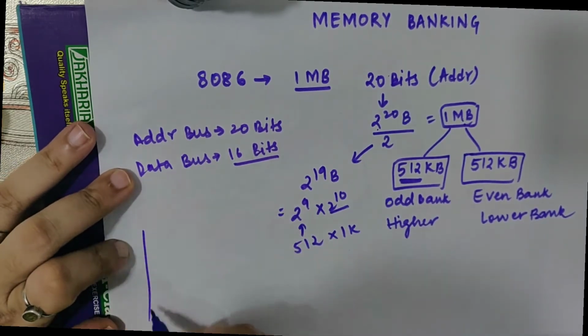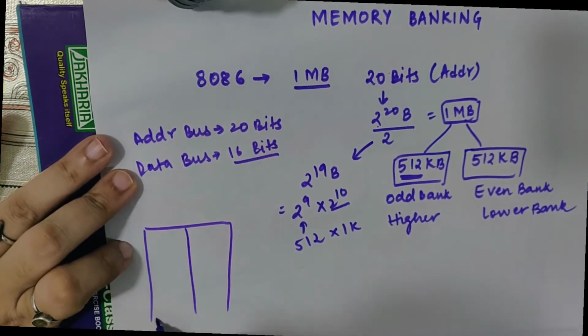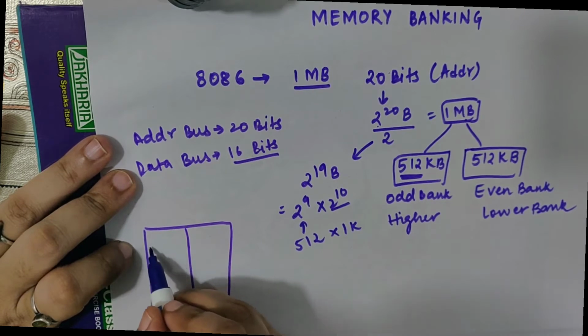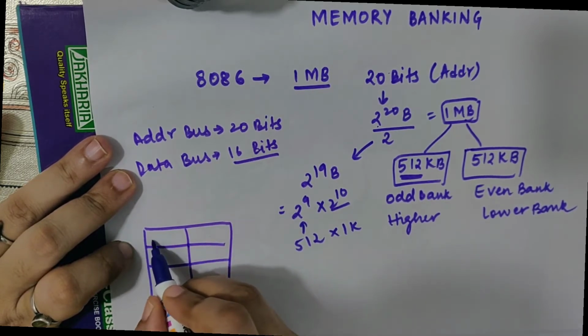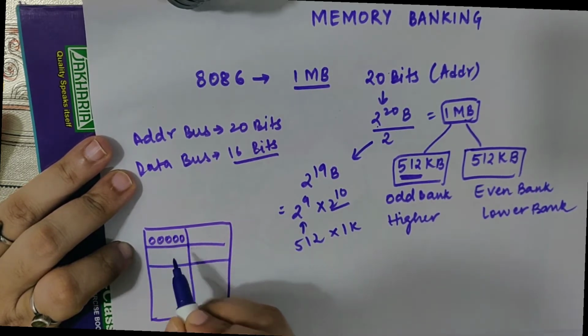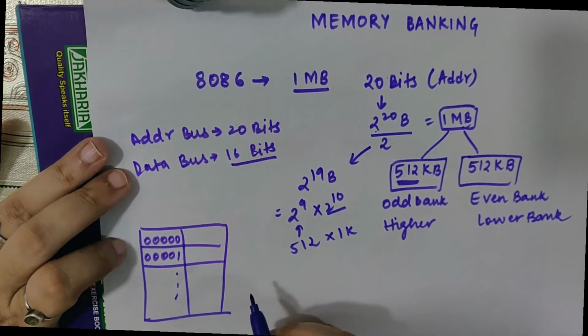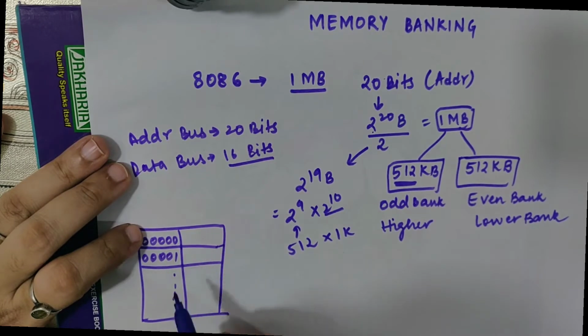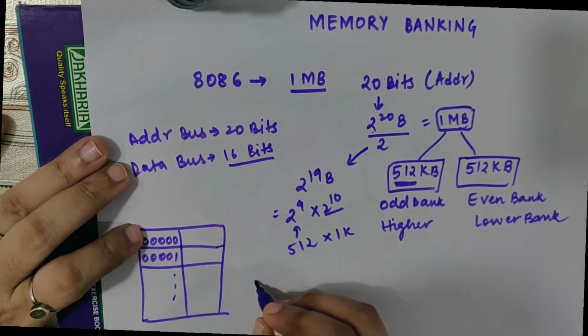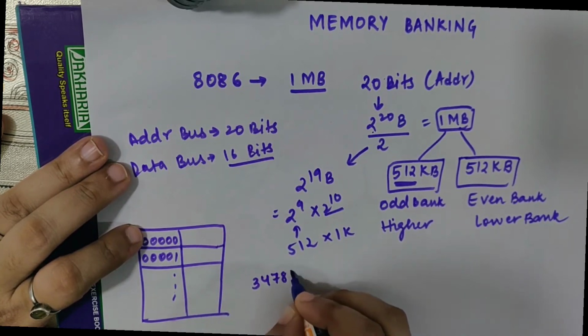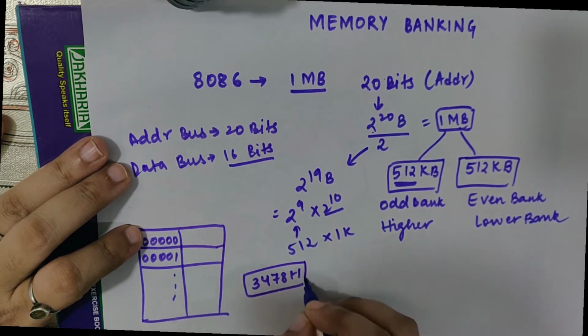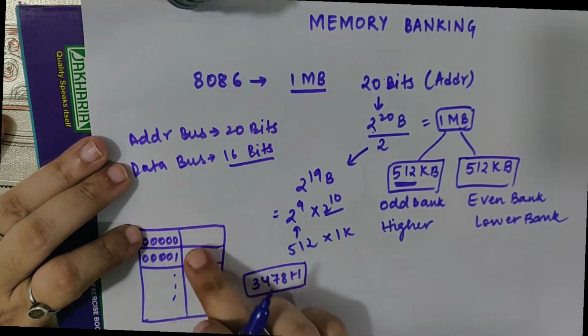Now if this is the memory, there are various locations in the memory. Let's say this is location 00000, location 00001, and so on. Now if I have to store data into the memory, let's say I have to store 3478H. This is a 16-bit hexadecimal number which I have to store into the memory.